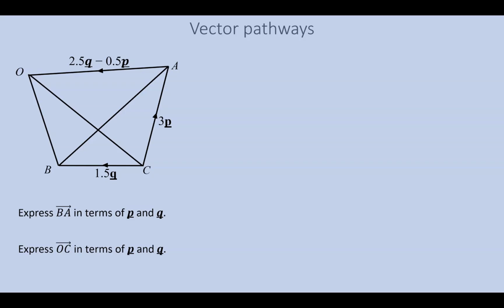B is here, A is that, in terms of the vectors that they have, which is P and Q. So I'm in my exam mode. My intention is to find BC. And my intention is to find CA.